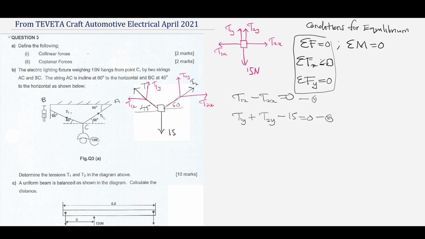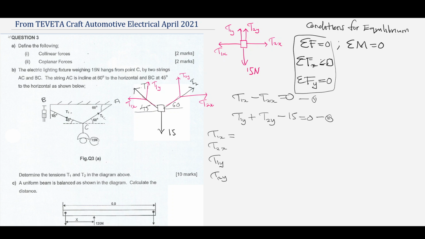Now here we have to find what Tx and Ty are in terms of the force that is acting, or the forces that are acting. For example, for T1 here, we are going to have the components for T1, and we know that the horizontal component is always associated with the cos. So we have T1x, T2x, T1y and T2y.